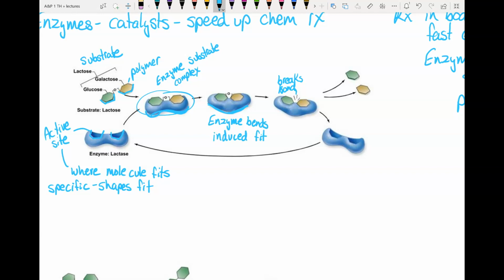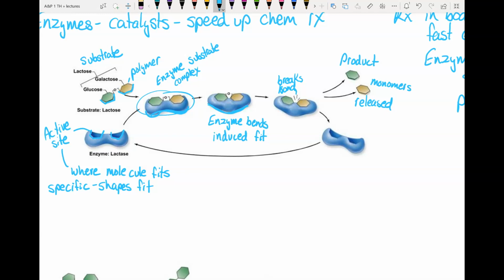So it bends and breaks the bond. Now we have two individual monomers. Whatever is released from the enzyme is called product. And these are released. So this is now free to go into your blood from your digestive system.